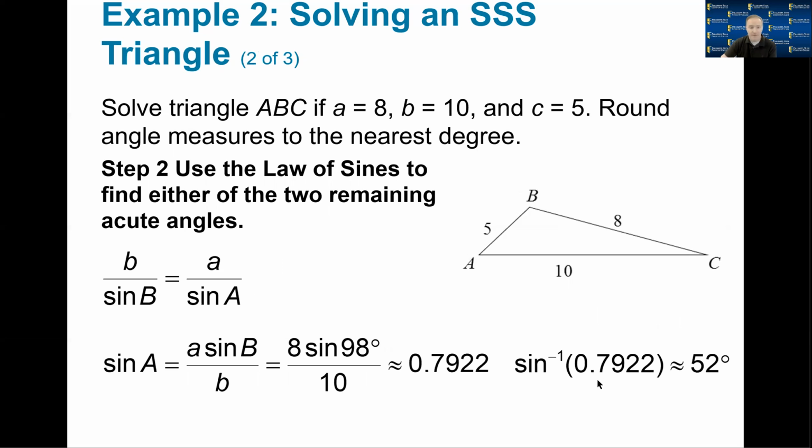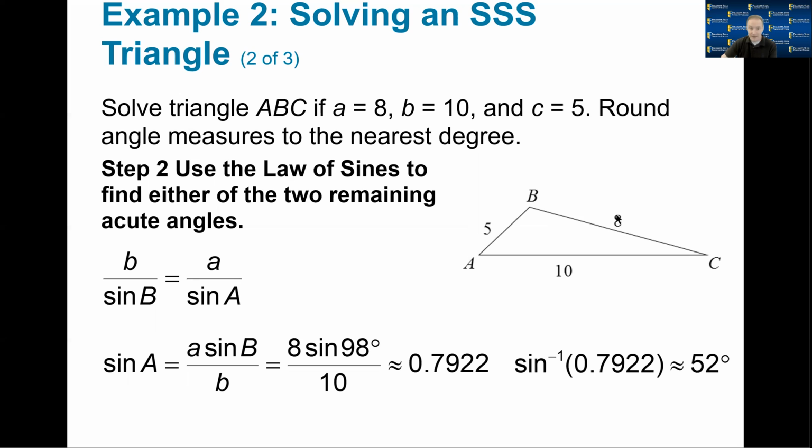Now, for the next step in this problem, once you found that angle b up here is 98 degrees, you can use the law of sines. If I know that 10 divided by the sine of 98 degrees is one expression, that should equal a over the sine of a.